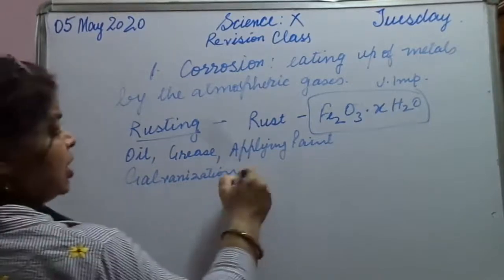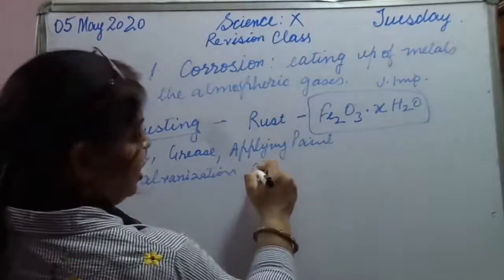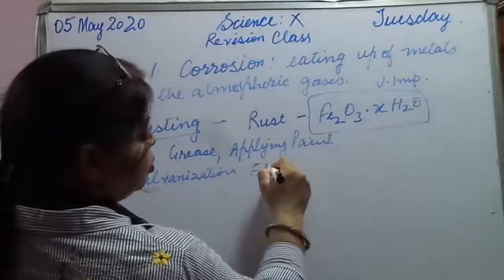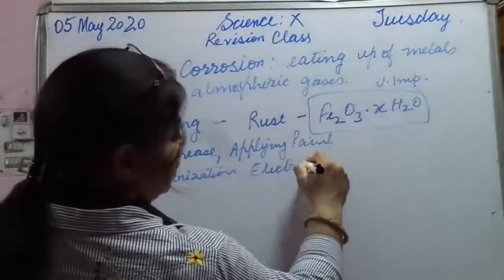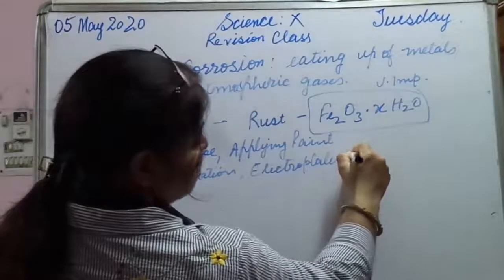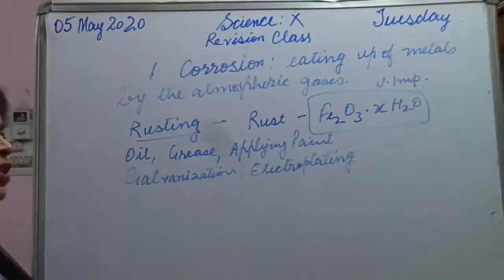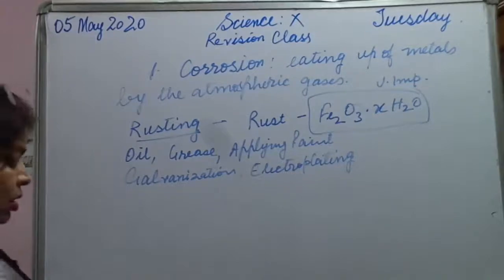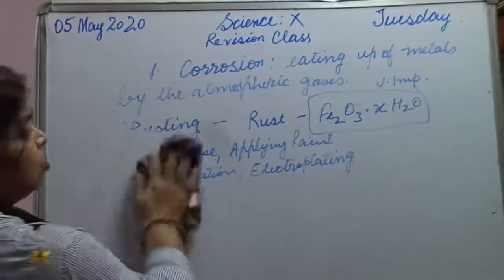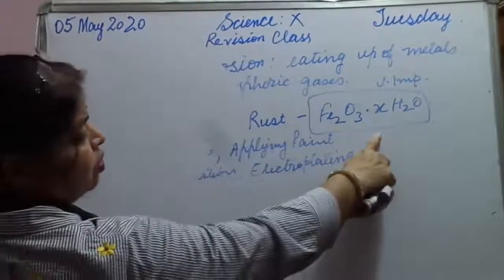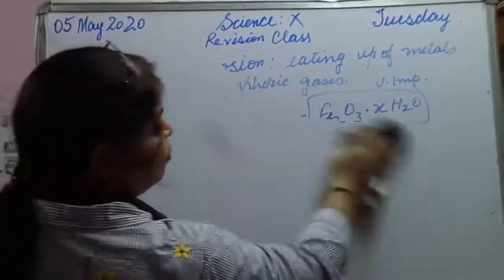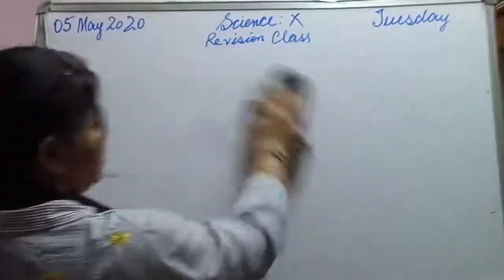Or electroplating by some cheap substances which do not corrode easily when in contact with atmospheric gases. Rusting is very important. You can be asked what is rust. Formula of rust, Fe2O3 dot XH2O.